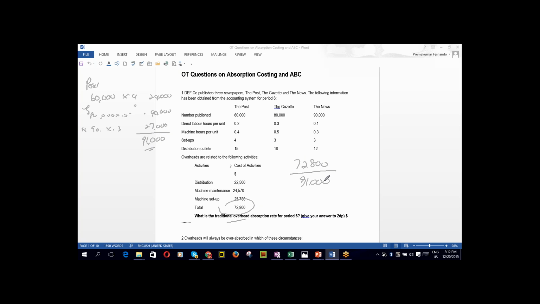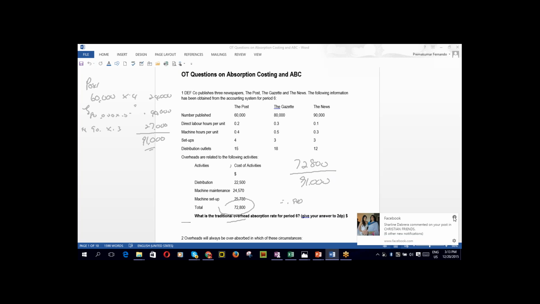When you divide 72,800 by 91,000, we will find the machine overhead absorption rate. That's what we need to get. 72,800 divided by 91,000 is going to be 80 cents per machine hour. That is what this question is asking, so you don't need to go beyond that.